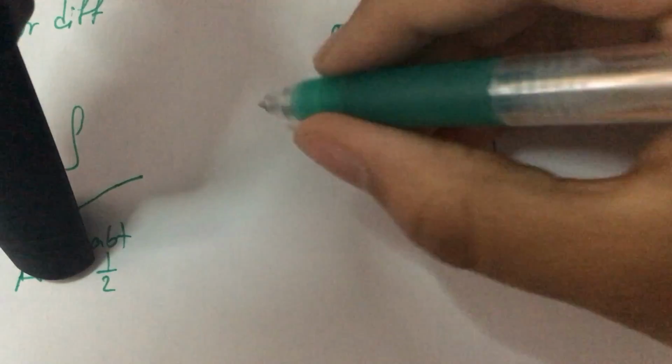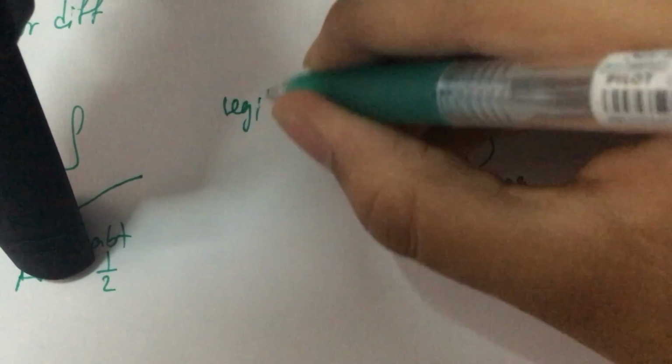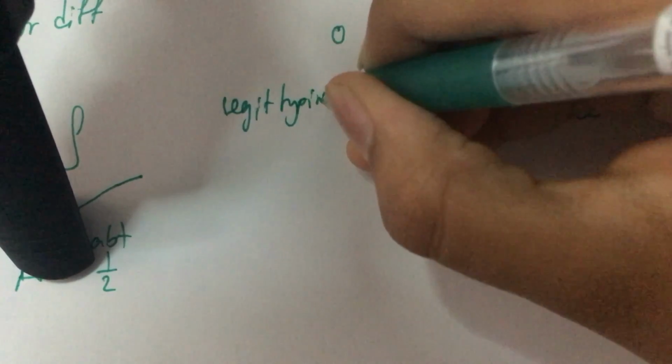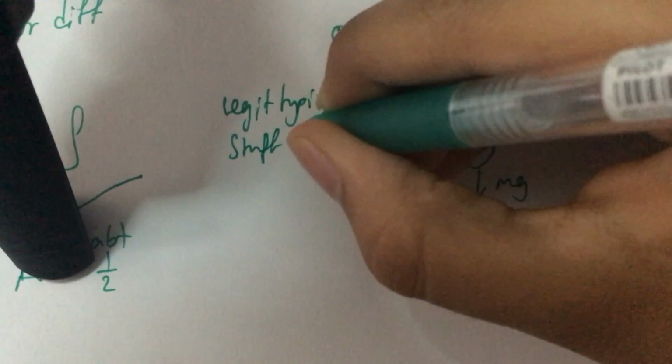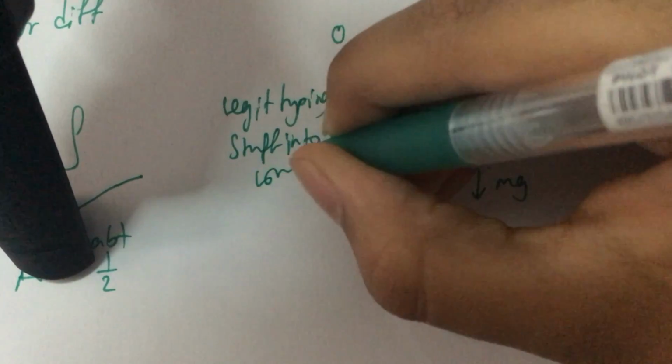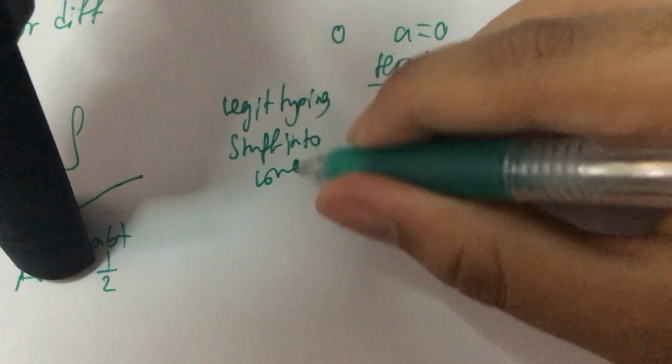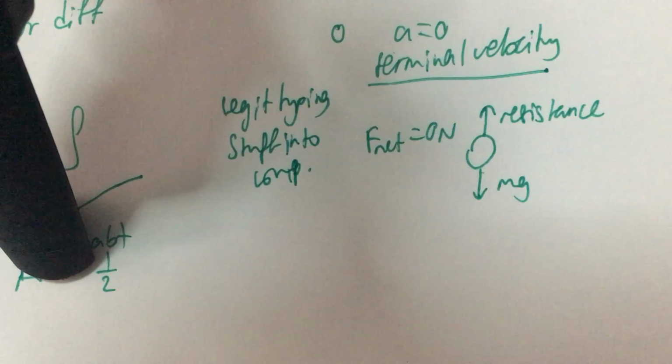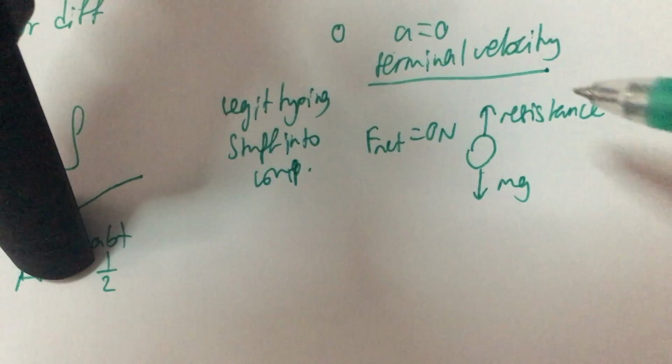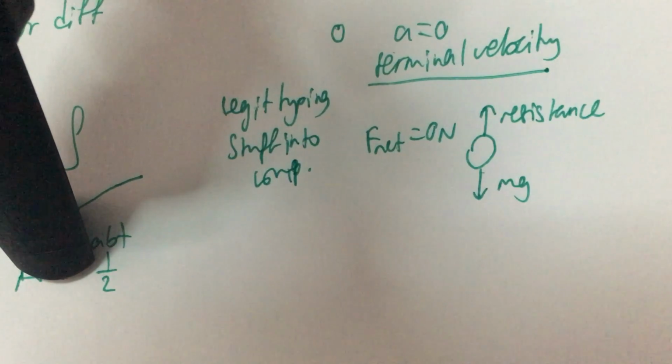Yeah, so it'll be going at a constant velocity when both the forces are equal. Oh, terminal velocity, yes, terminal velocity. That was what I was talking about. So it reaches terminal velocity, and it will be falling at that velocity thereafter. Until you do something to it, I guess.